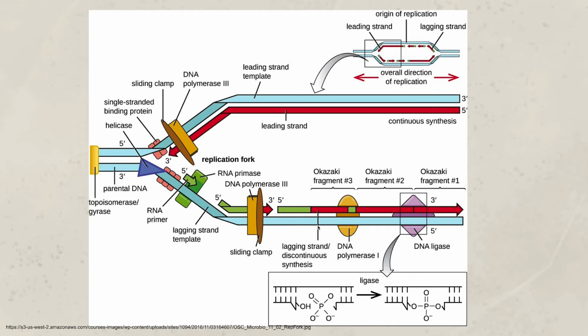And then on the lagging strand, we see RNA primase making RNA primers, which are represented in green. And then we have DNA polymerase 3 building off of those primers. And you see it's discontinuous. And then the fragments you get from primer and then DNA polymerase are called Okazaki fragments. And this is pretty important to note. They're named after the scientists who discovered them.